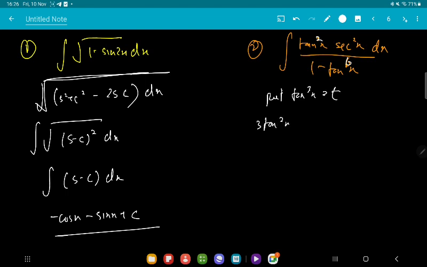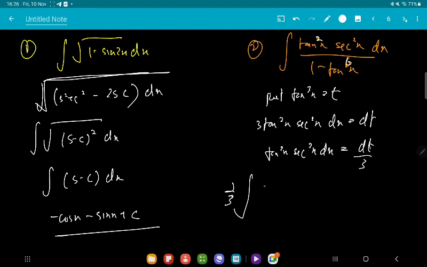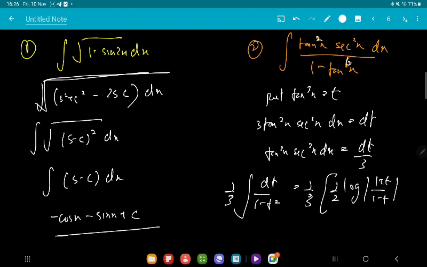So 3 tan square x sec square x dx is equal to dt. I will get dt by 3 here, so 1 upon 3 upon 1 minus t square. When you solve it, log 1 plus t over 1 minus t plus c. This is how you will get your answer, sir.